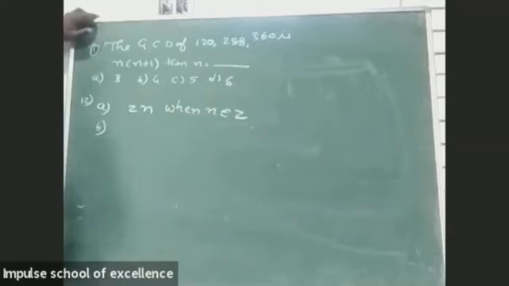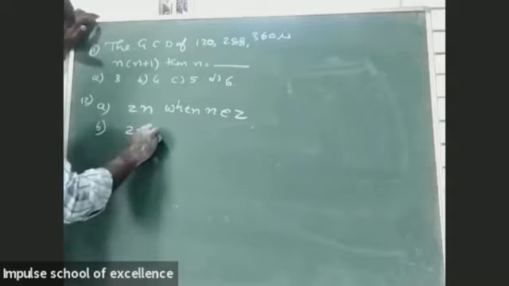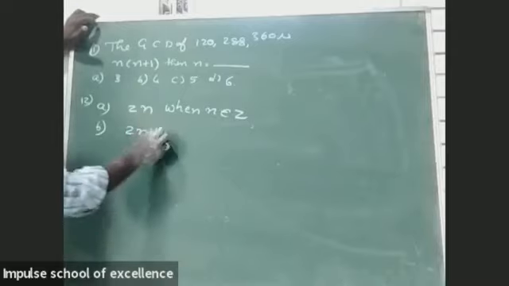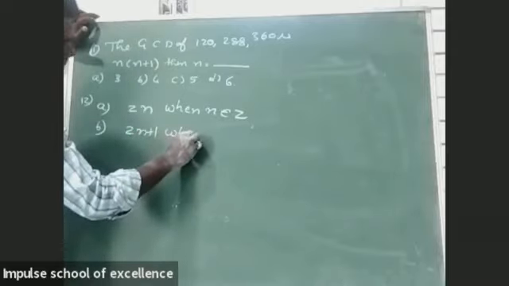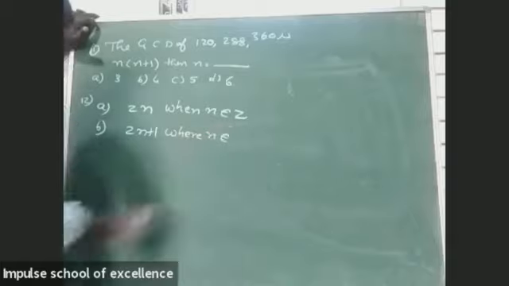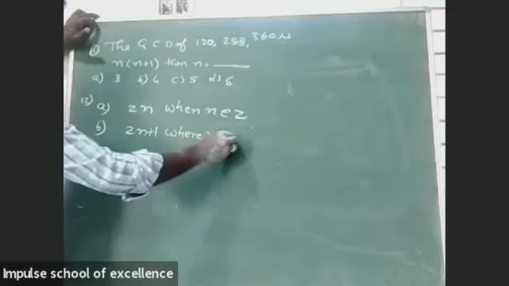And option B, every positive odd integer is in the form of 2n plus 1, where n is an integer.